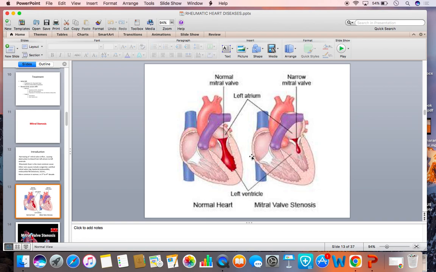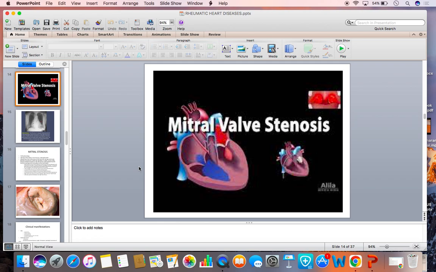Narrowing of the mitral valve results in obstruction to the flow of blood from the left atrium to the left ventricle, and you see the dilatation of the left atrial chamber compared to the size of the left atrium in the normal heart. This picture again shows narrowing of the orifice of the mitral valve with enlargement of the left atrium.